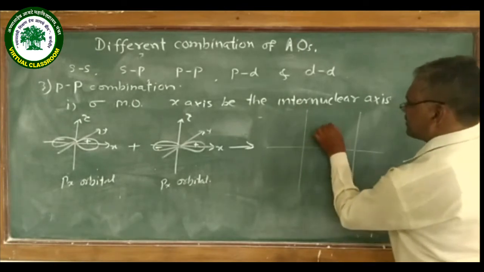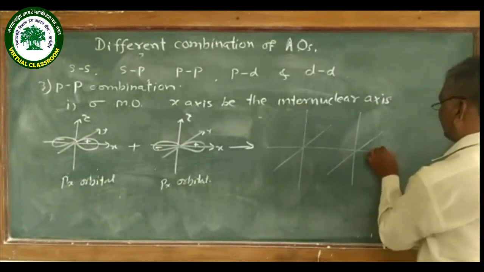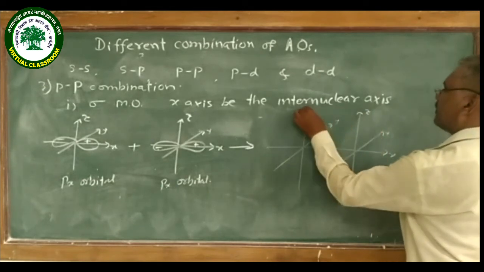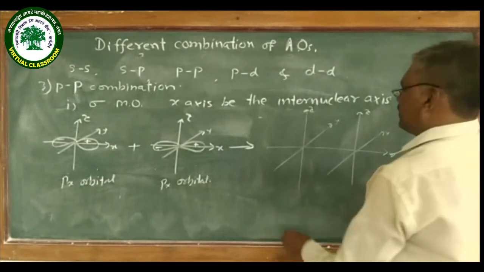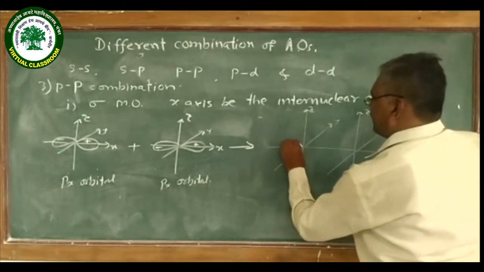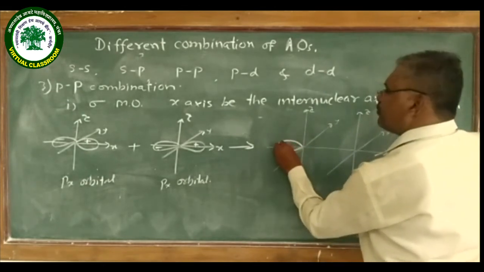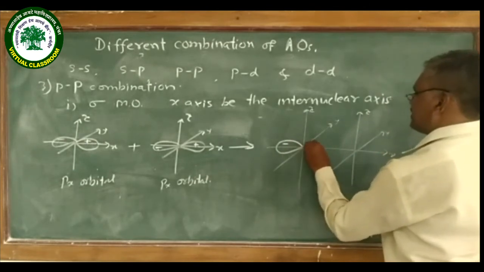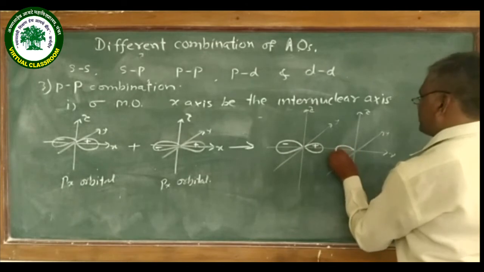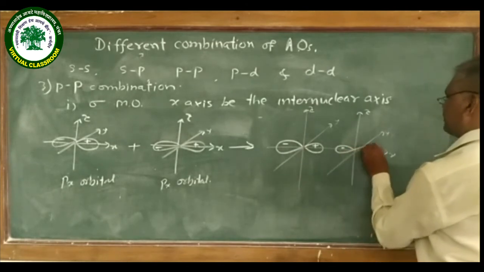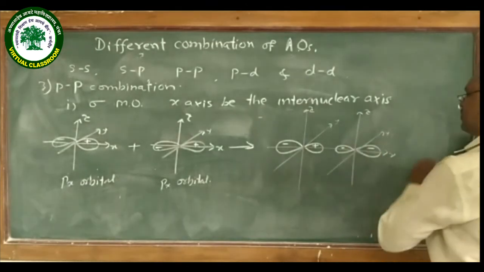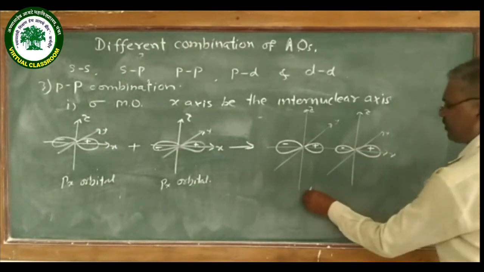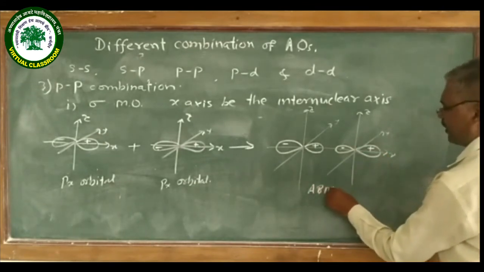This is the Cartesian axis, x, y and z. Then in this case, the negative lobes will be reduced in size, and this will remain as it is.